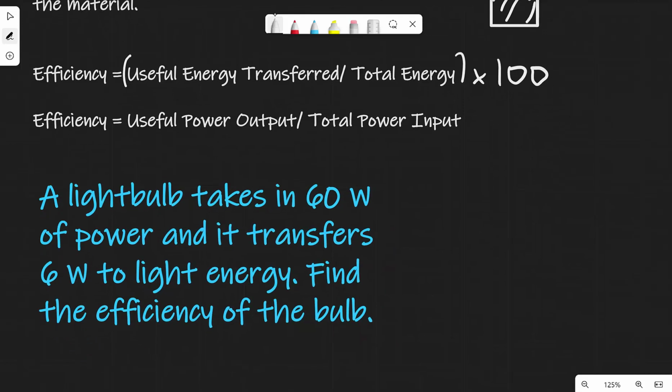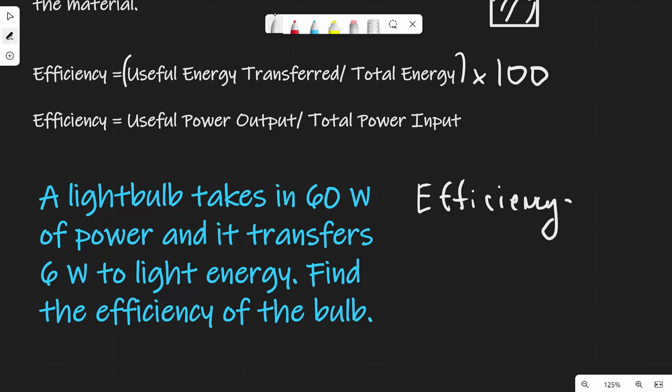So we have a light bulb which takes in 60 watts of power, and it only transfers 6 watts to light energy. This means that the light bulb is actually losing 54 watts. Find the efficiency of the bulb. Okay, well, our efficiency is just equal to the useful energy, so let's just write that down.